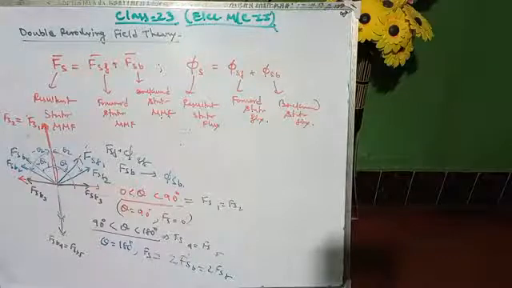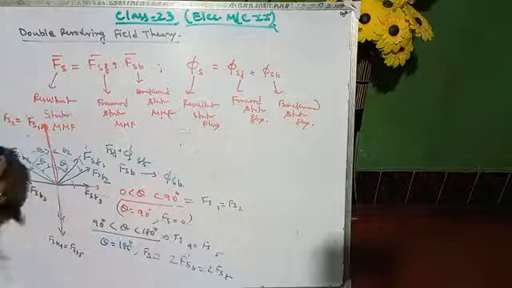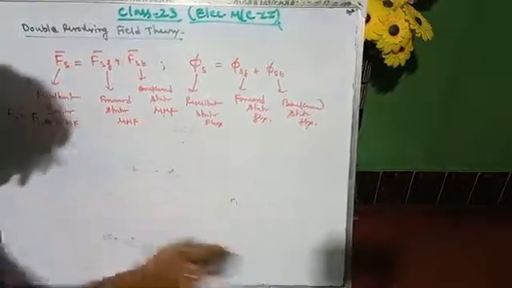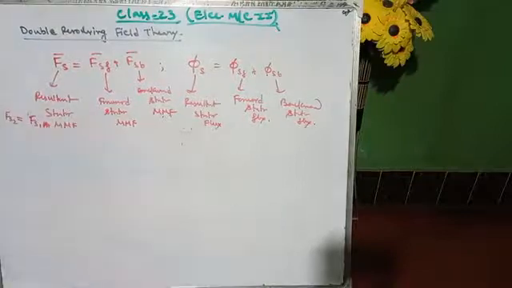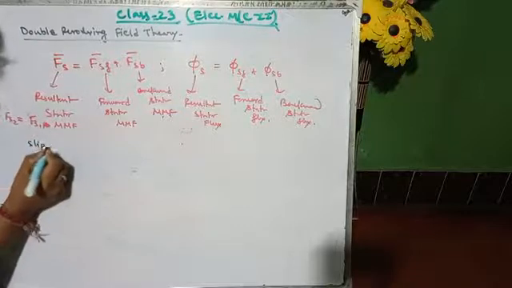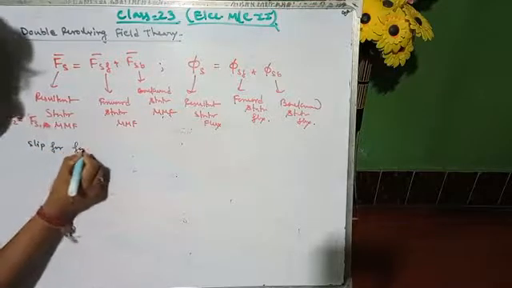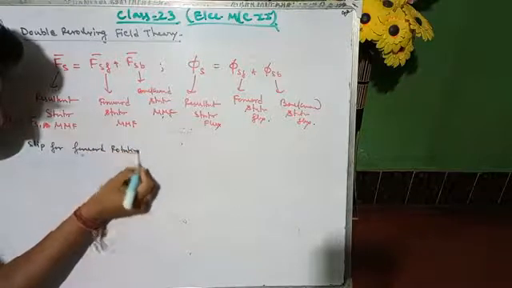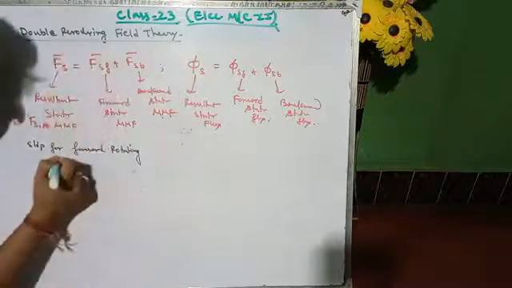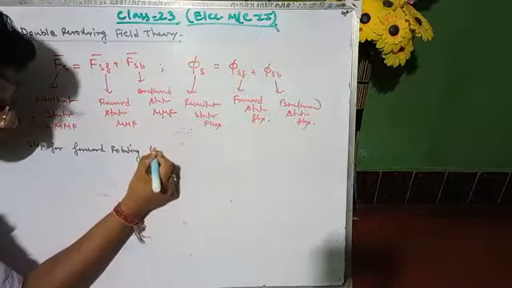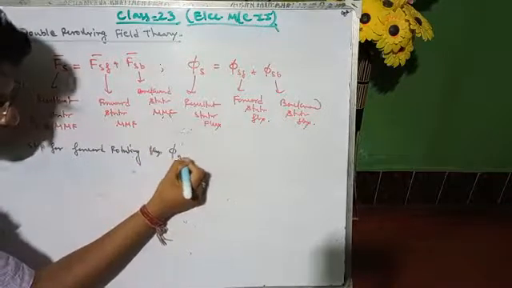Okay, next write, that is, slip for forward rotating flux phi of sf.